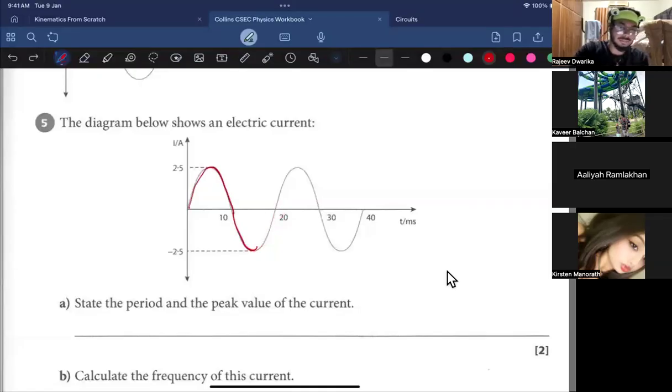So Aliyah, how many periods do we have in this cycle? 2. We have 2, right? So the periodic time, period is T, it is 20, and we have milli, so milli means 10 to the power minus 3 seconds.